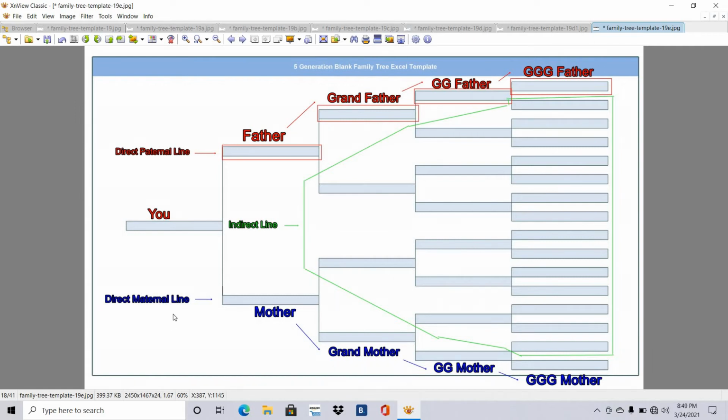And your MT line is your direct maternal line. Mitochondrial DNA with the female, Y chromosome DNA with the male. Those are your direct lines. So when they test for who your direct ancestors are, that's what they're testing, not the stuff in between.